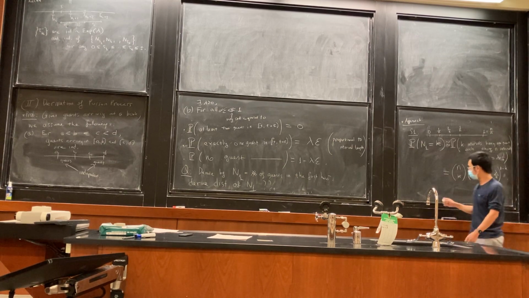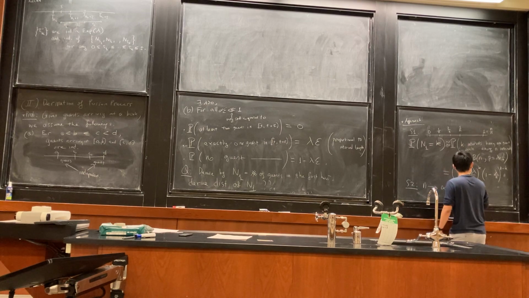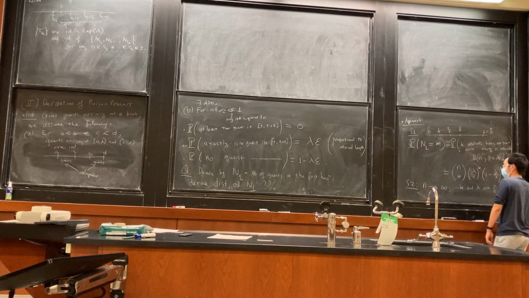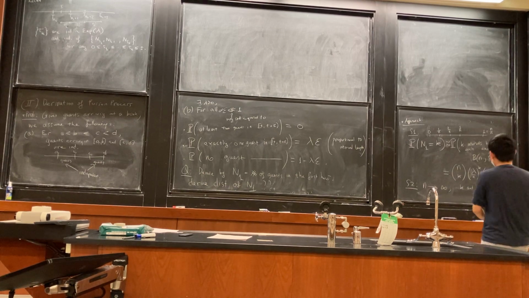So now step 2 is we're going to take n to infinity with k and lambda fixed. If I take n to infinity, k and lambda being fixed, it should be a Poisson distribution actually.